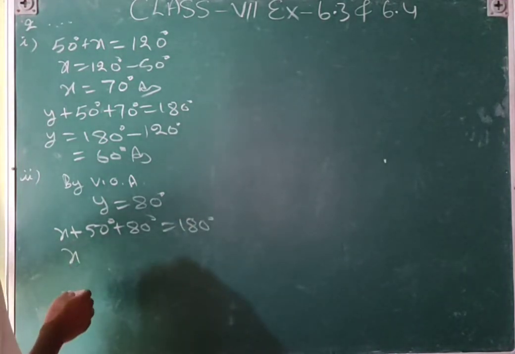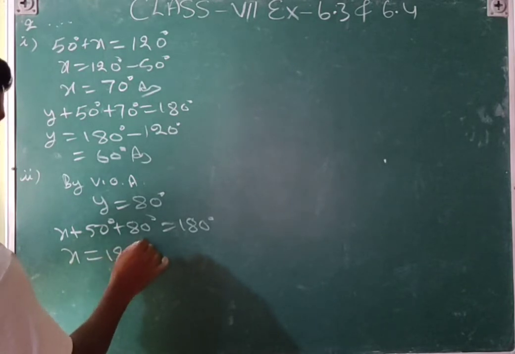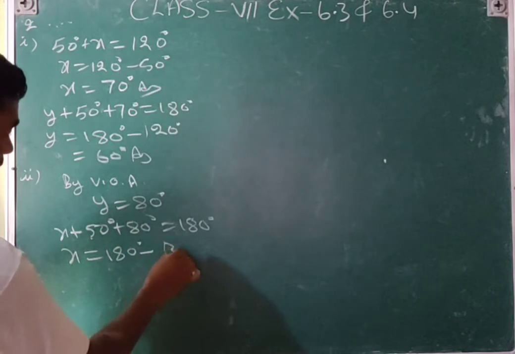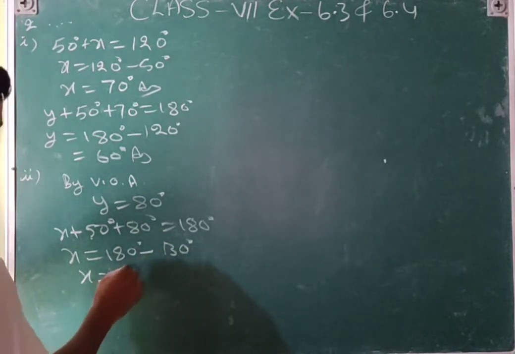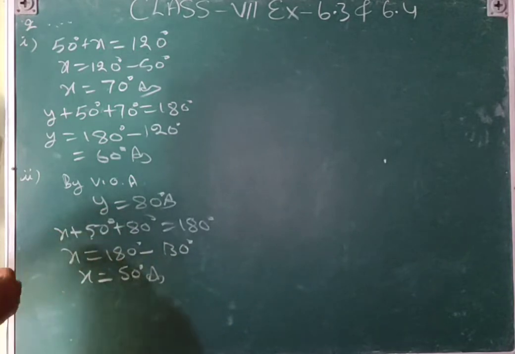So x is equal to 180 degrees minus 130 degrees. So x is equal to 50 degrees, right? This one is the answer and this one is the answer.